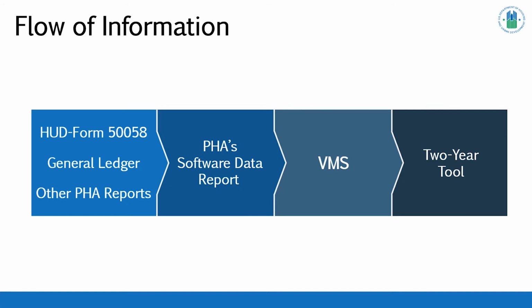Depending on the Housing Authority software, it will gather this data and produce a VMS report. This data would then be entered into VMS, and the two-year tool will extract this data from the VMS, such as HAP and unit months leased.